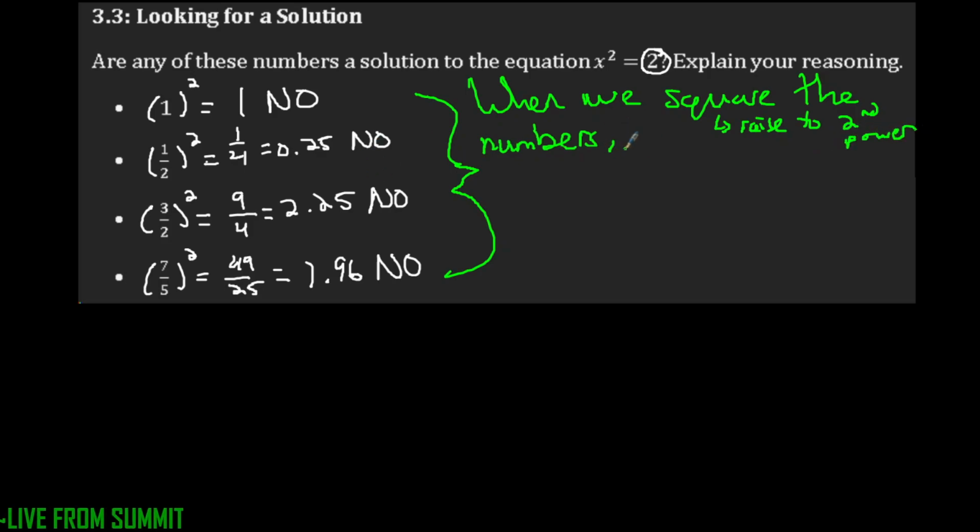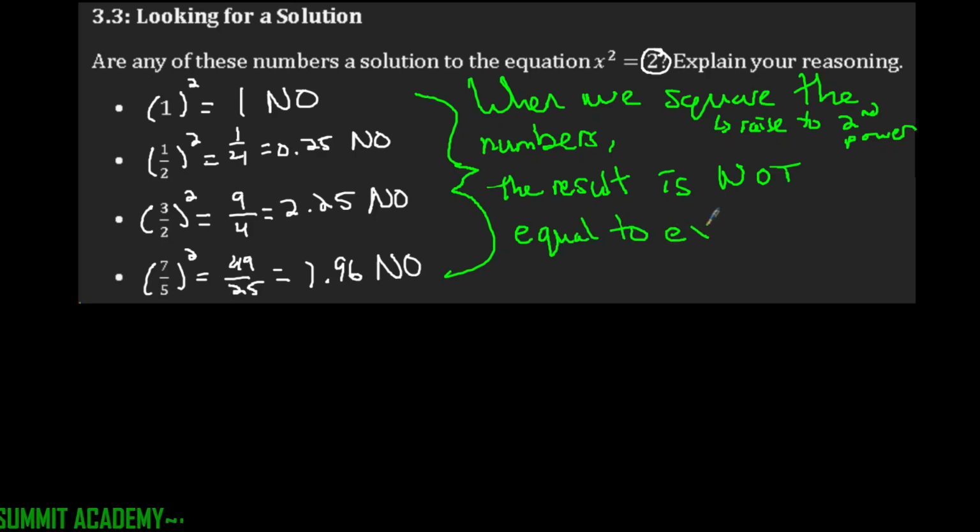When we square these numbers, the result or answer is not equal to exactly 2. Again, I can say this one's kind of close to 2 because it has 2 in the ones place, and this value is close to 2 as well. If we round it up to a whole number, it would be close. But I'm looking for exactly 2, which none of these are.